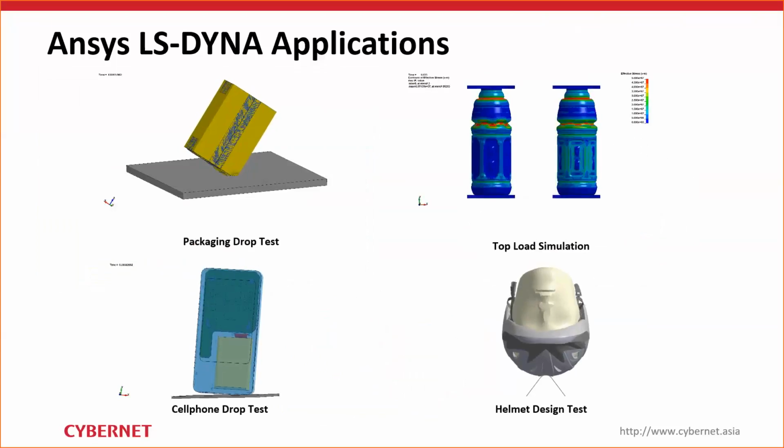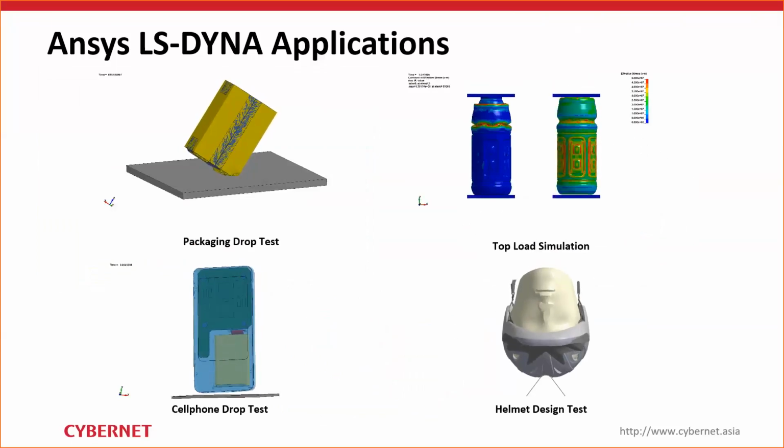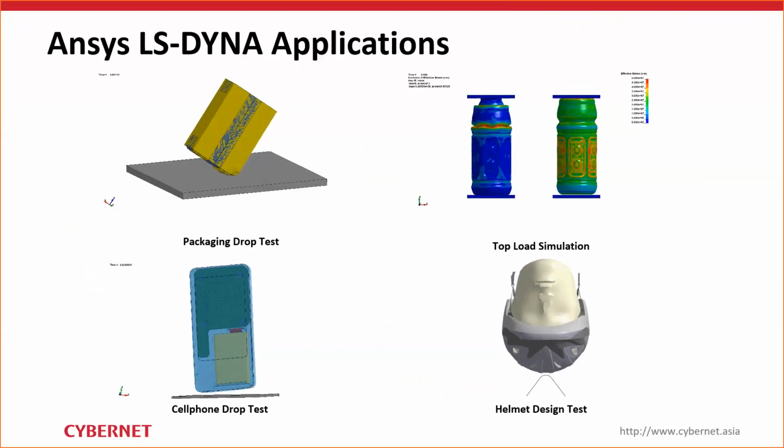And then for the consumer products, again, we are taking the advantage of the ability of explicit dynamics to do analysis in order to understand more about the product performances. So drop tests of a different kind of product, whether it is a packaging drop test.